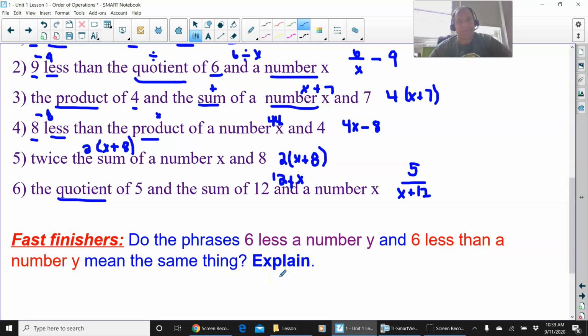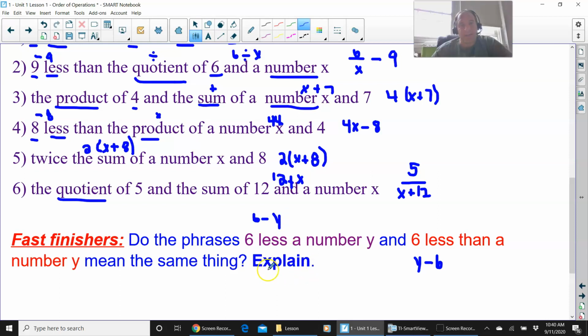The way I would do this is to try to translate each one into what you think they mean. 6 less than a number y is y minus 6. 6 less a number y, that means 6 comes first and y is subtracted from it.